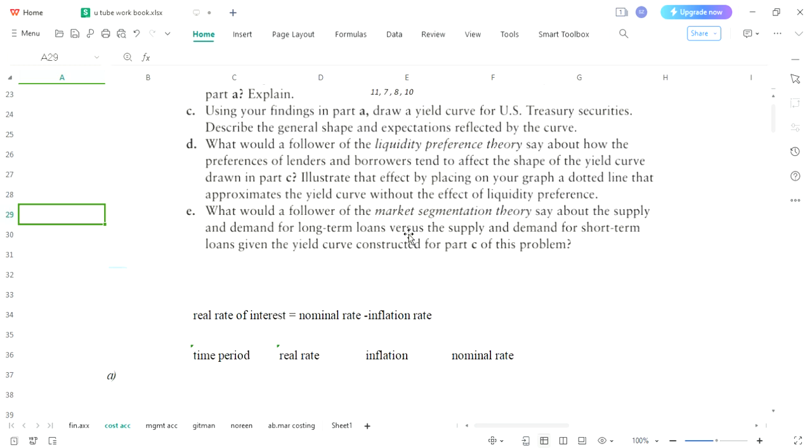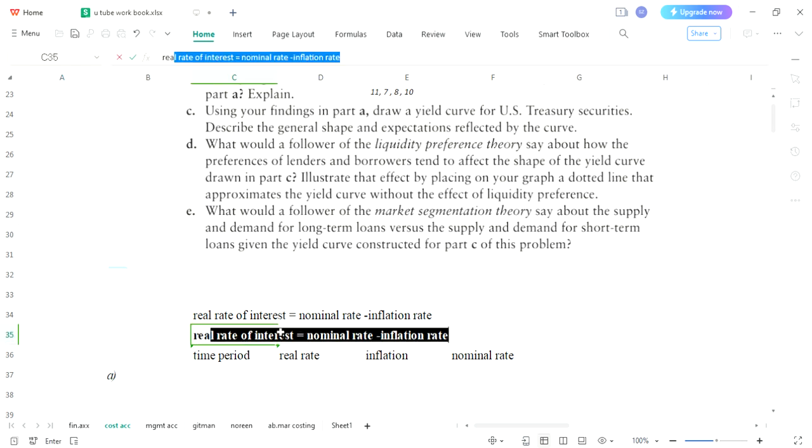Since we need to calculate the nominal rate, from here you will rearrange the formula. Look, the inflation rate is being subtracted here, and you want to take it to the opposite side of the equals sign. When you take it to the opposite side, the sign changes. Here it is subtracted, and by transferring it to the opposite side the sign changes and it becomes added. The real rate was already present on the left side, and you are taking this inflation to the opposite side.